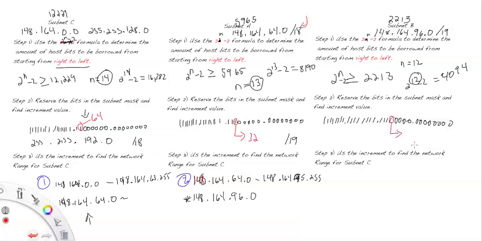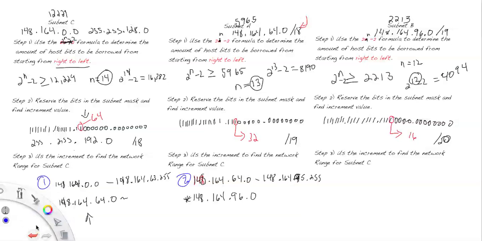Find your increment. Our increment is 16. Now using that increment, oh, and by the way, this would be a /20, right?